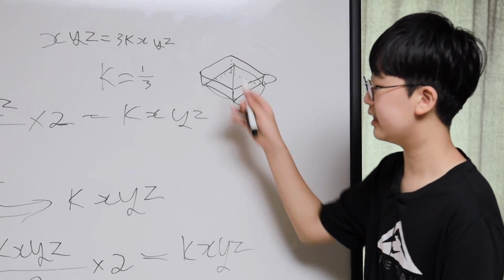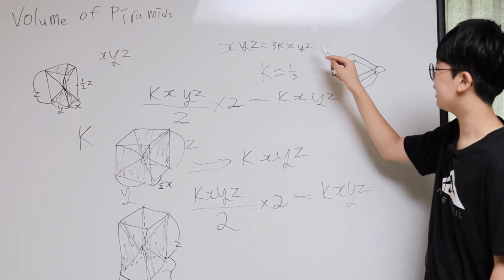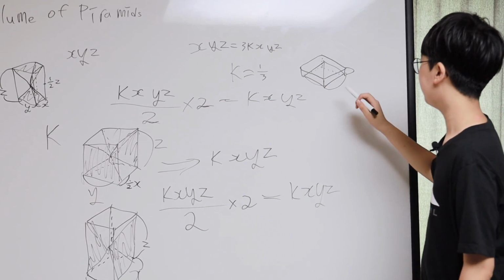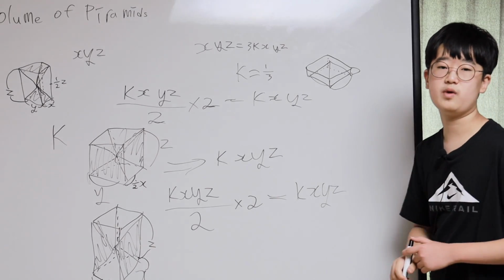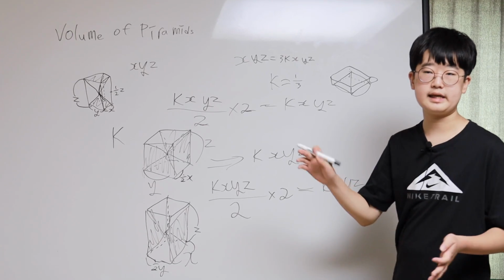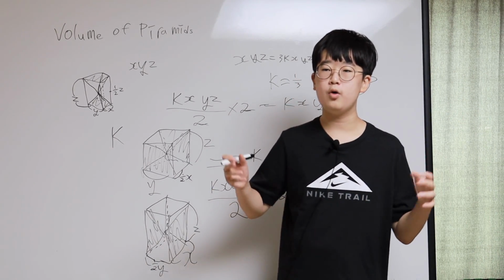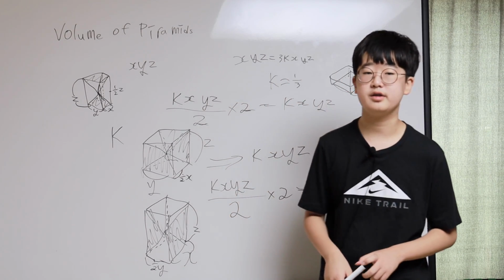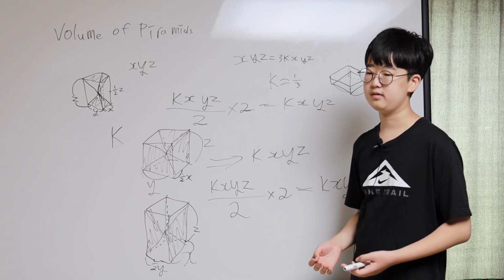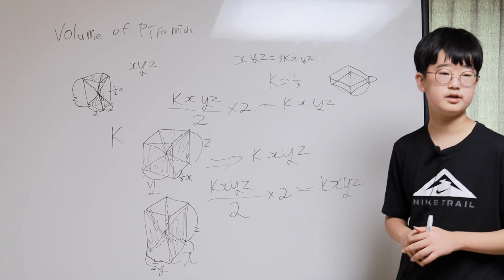And the reason for that is this thingy, because X, Y, Z is 3 K, X, Y, Z, and K is 1 over 3. So that's why we multiply this number to the rectangle's square thingy. And this is true for all other horn-shaped things. You can think of that as just for the pyramids, but I guess it's the same thing for everything else.